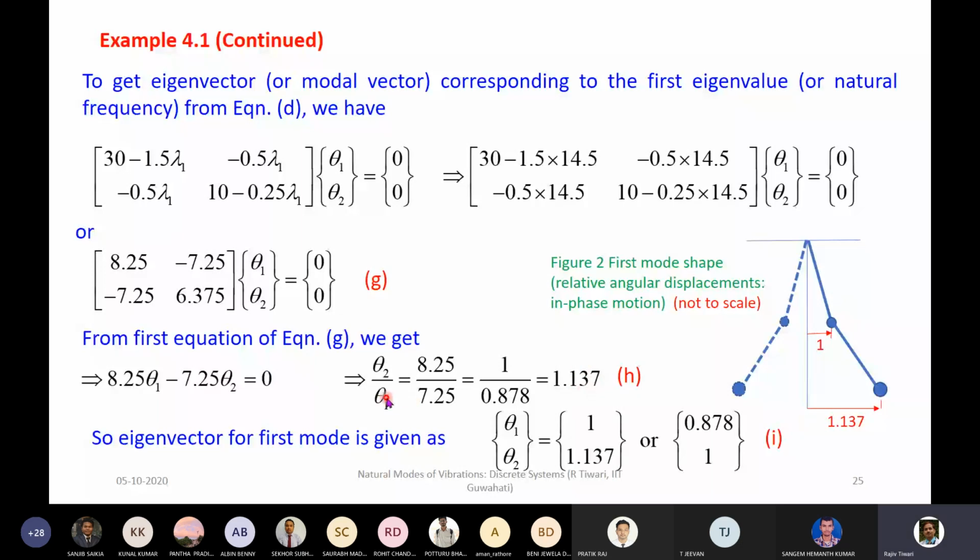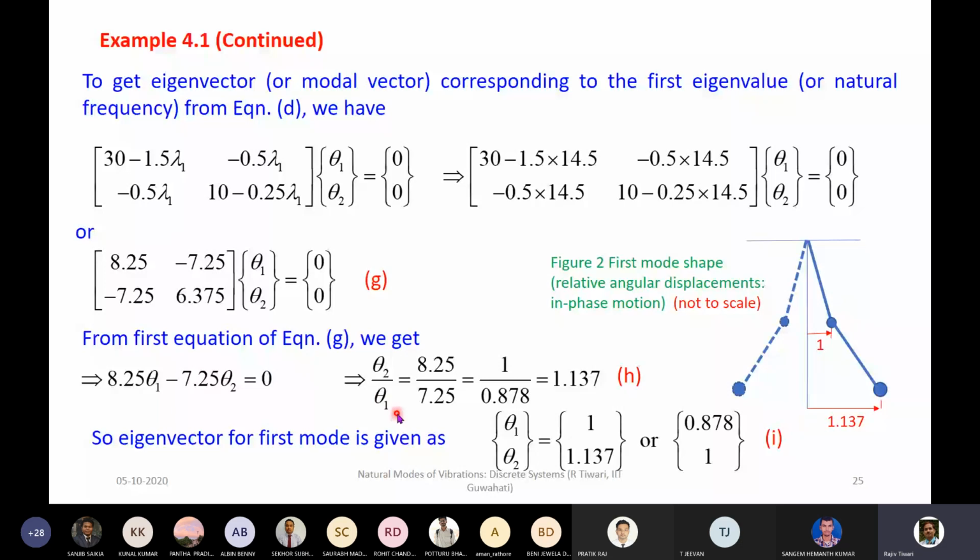That means if I take theta 1 as 1, theta 2 will be 1.137. So here we are getting the ratio of the two generalized coordinates as a unique value. But we are not getting unique values of theta 1 and theta 2 individually, only the ratio form. That ratio form means the relative displacements are a constant quantity, which is very important here.